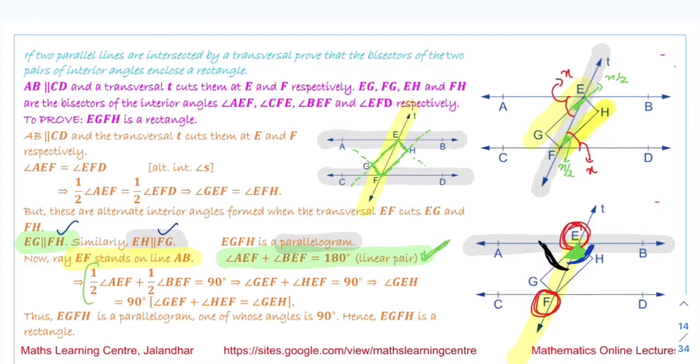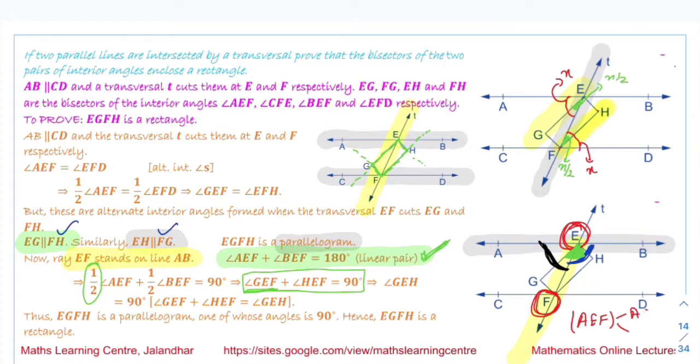I have halved this equation and I get angle GEF plus angle HEF is 90 degrees. Why am I writing GEF over here? Because when we are talking about the angle AEF, it is divided in two parts.